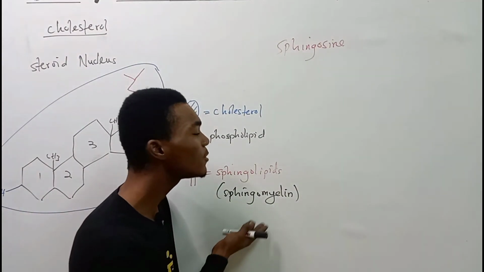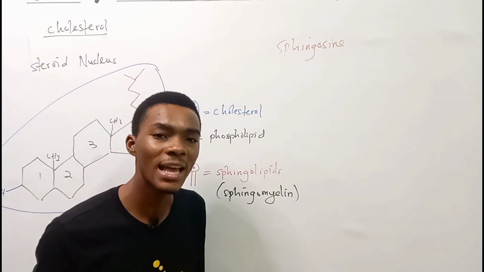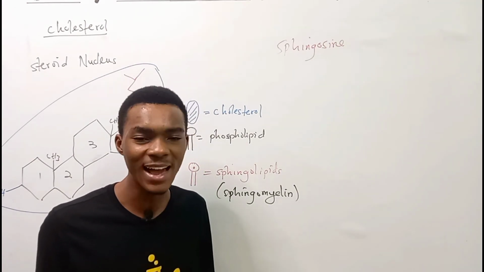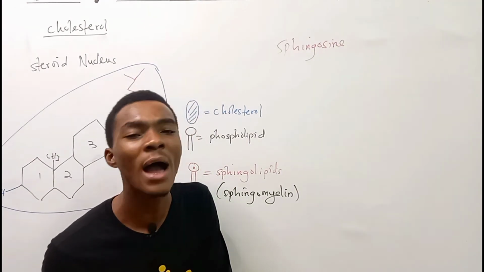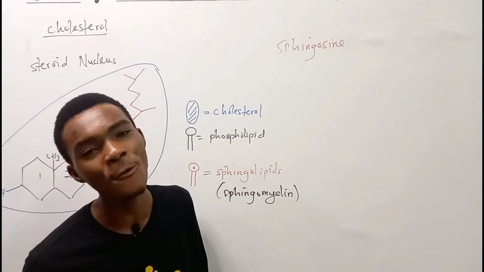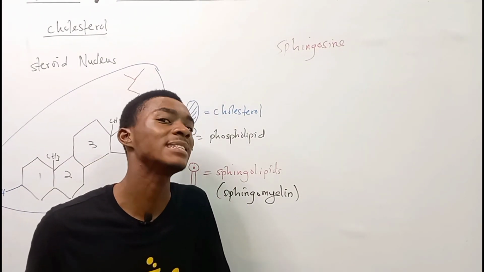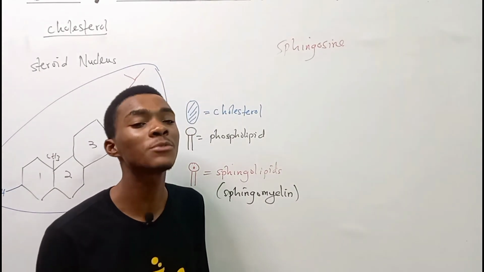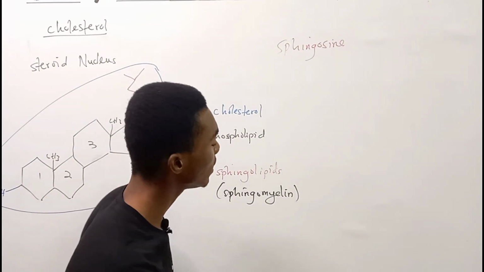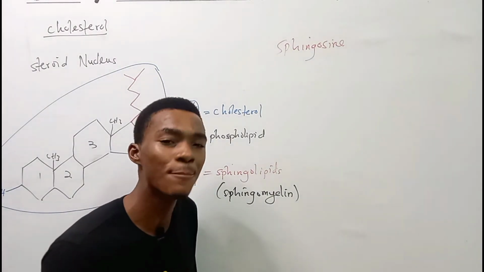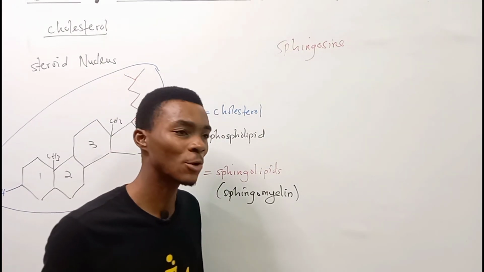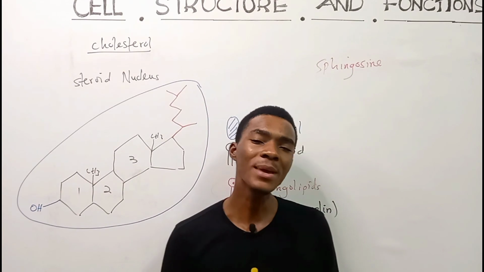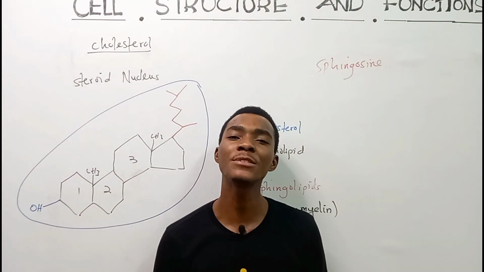And in sphingomyelin too, there is a phosphate ion in its structure. For that matter, that is the reason why we consider it to also be an example of a phospholipid, just as simple as that. Take note of that. So when you start with the types of phospholipids that we have, we're going to include sphingomyelin as a type of phospholipid. Awesome.